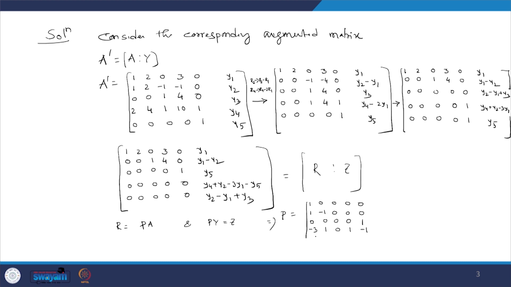Fifth one will be minus 1 plus 1 plus 1 0 0. So, this is the P matrix.